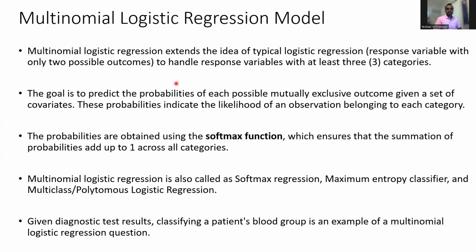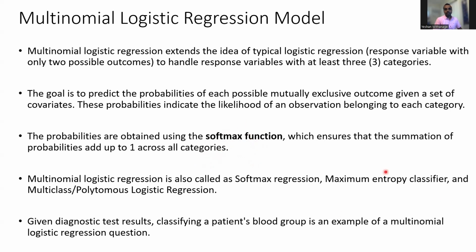Multinomial logistic regression is also known as softmax regression because it uses the softmax function to ensure that the estimated probabilities for each mutually exclusive category add up to 1. The basic requirement when we deal with probabilities is that the summation of the probabilities should add up to 1. And in this case, we use the softmax function to make sure that we satisfy that requirement.